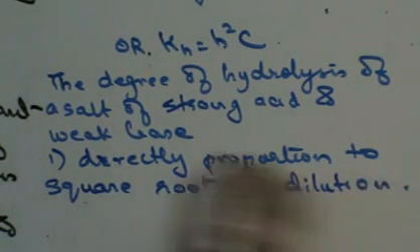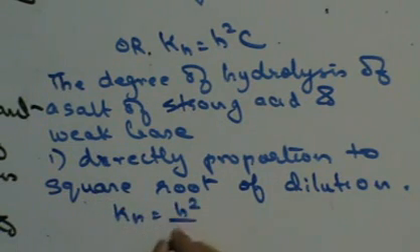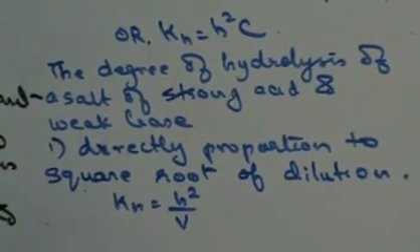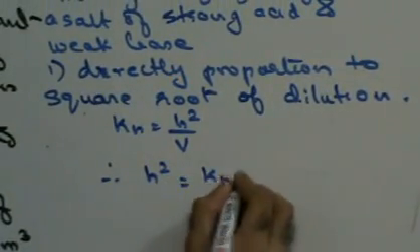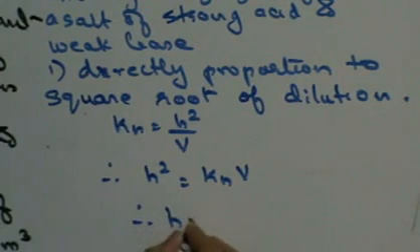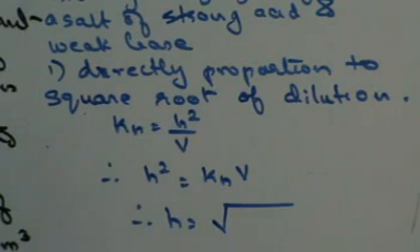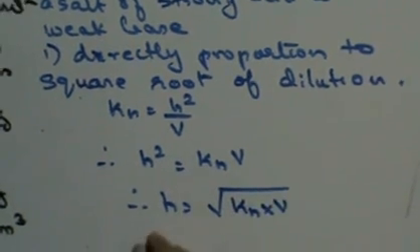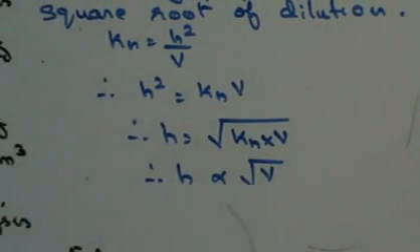How do I know this? Because we said that Kh is equal to h square upon V. That means h square is Kh into V. Therefore, h is square root of Kh into V, where Kh is constant. Therefore, h is directly proportional to square root of V.